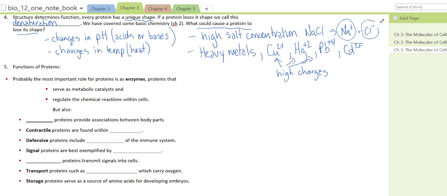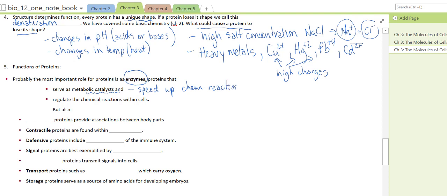Well, proteins have a rather large list of very important functions. It's hard to say any one is more important than the other, but one of the big ones is they function as enzymes. Enzymes serve as what we call metabolic catalysts. This means they help speed up chemical reactions in our body.